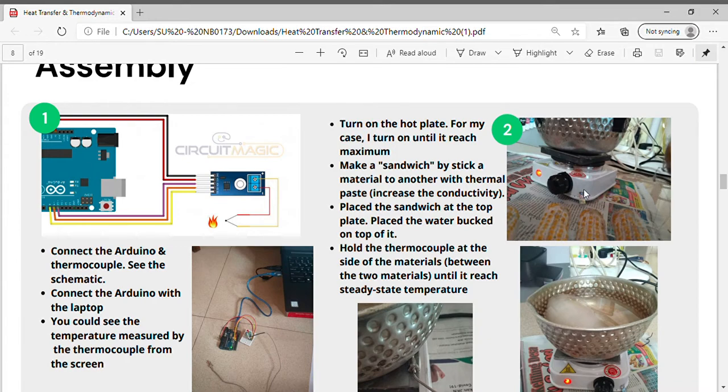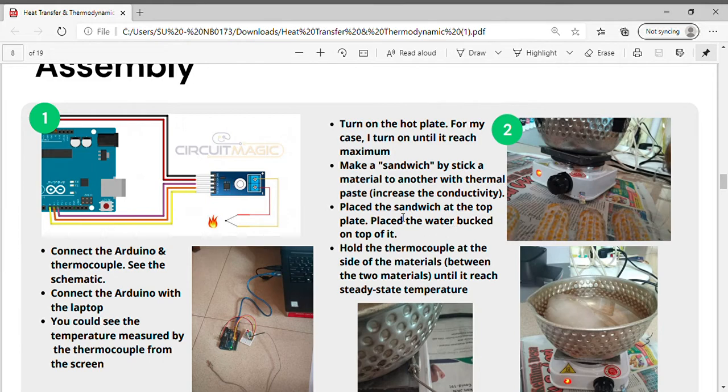And then the second step is you can turn on the hot plate. Of course, you should plug it into electricity first, and then you make a sandwich of material. So you choose two plates, two materials, and then stick them to each other using thermal paste.